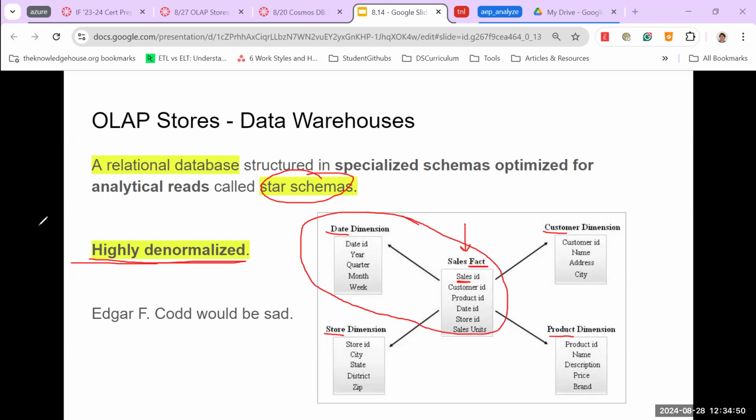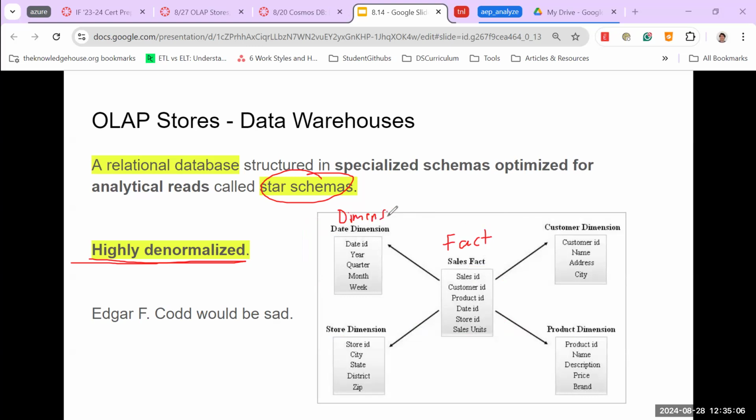Let's not get lost in the weeds, however, and let's just focus in on the terminology that we're playing with here. This table in the center, which records the specific metric, is called a fact, and the tables that are associated with this fact are called dimensions.